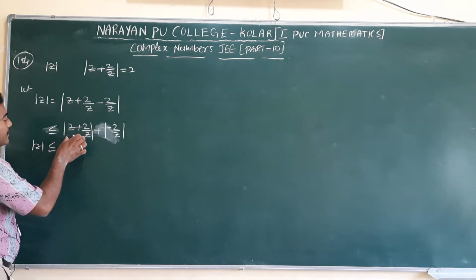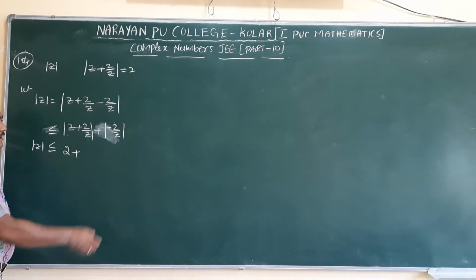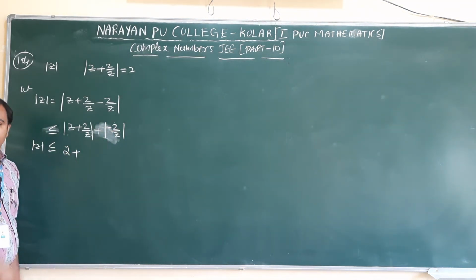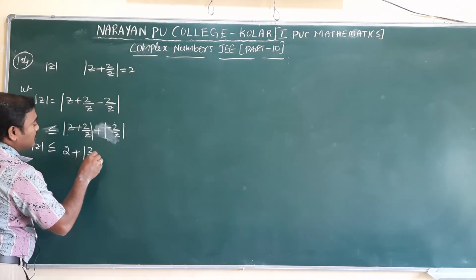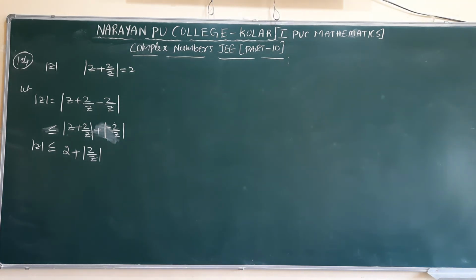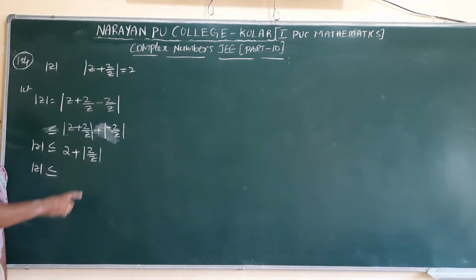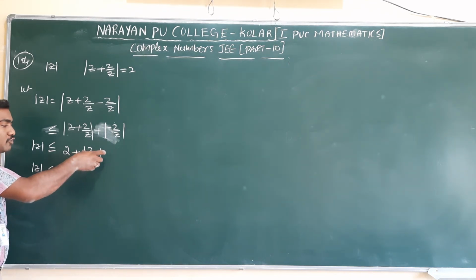So modulus of z plus 2 by z, the value is 2 plus modulus of minus 2 by z, and we are getting modulus of 2 by z. Here we take the LCM, so modulus of z is less than or equal to 2 plus 2 divided by modulus of z.